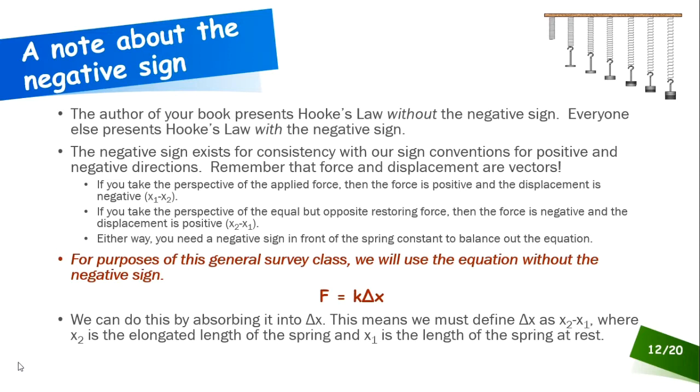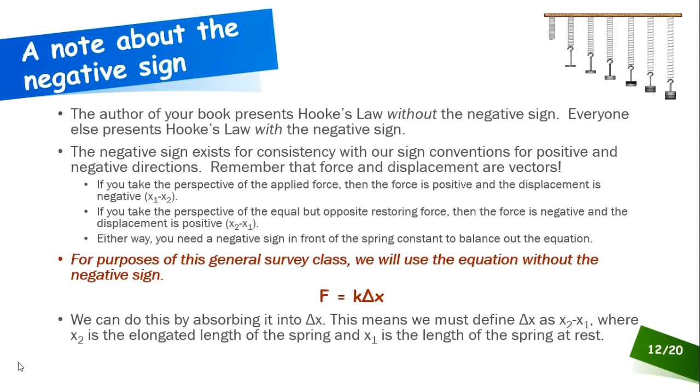And we can get away with this because we're going to absorb that negative sign into our definition of delta x. So we're going to define delta x as the elongated length minus the length of the spring at rest without any extra force added onto it. That's how we're defining the change in displacement. And so we're going to use this formula without the negative sign.